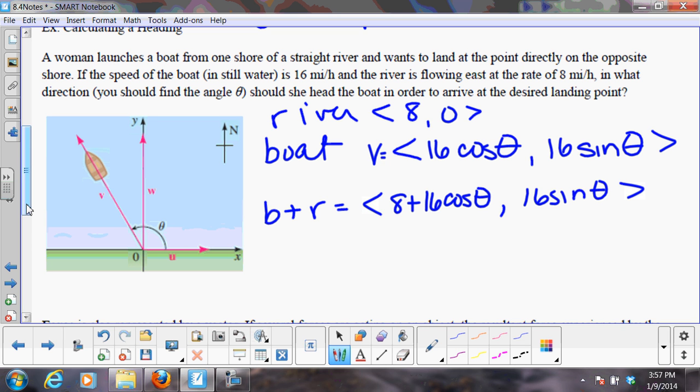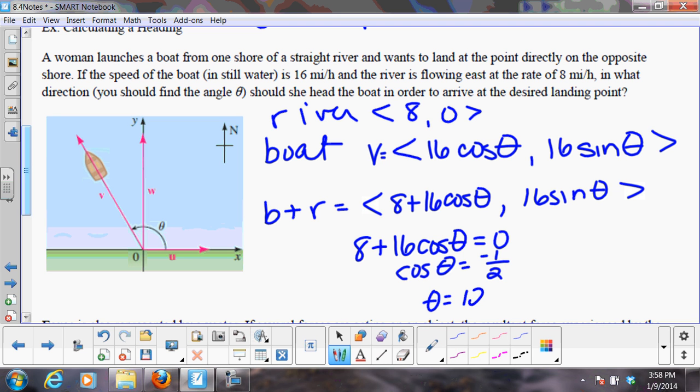And this is supposed to equal this: 8 plus 16 cosine theta should equal 0. Now we need to solve this little mini equation. Move 8 over, divide by 16, get negative 1/2 then.